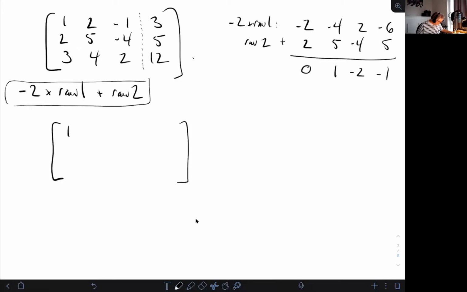So 1, 2, -1, 3; 0, 1, -2, -1; and this row hasn't changed, 3, 4, 2, 12. This is the matrix obtained by doing -2 times row 1 plus row 2. We know these operations do not change the set of solutions. So this is good.